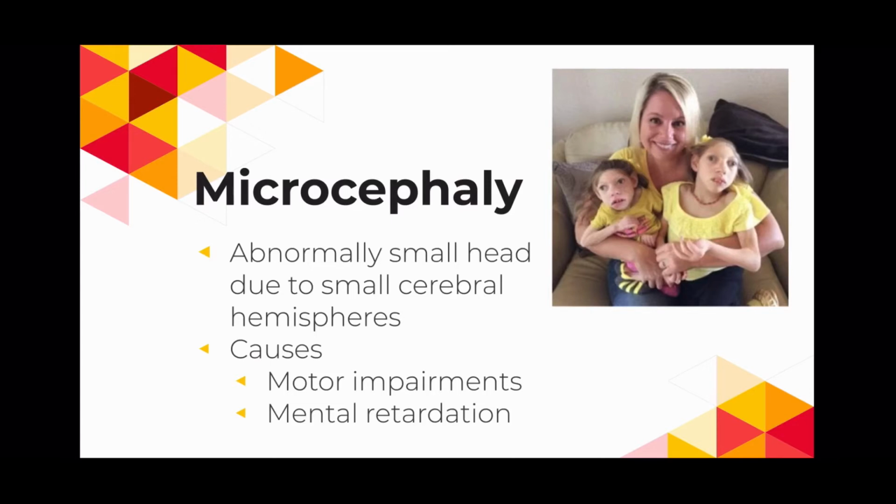The small head size is due to small cerebral hemispheres, and so individuals born with microcephaly usually have moderate to severe motor impairments, so movement issues, and they also have moderate to severe mental retardation. So anencephaly is where you don't have cerebral hemispheres, and microcephaly is where you have small cerebral hemispheres.